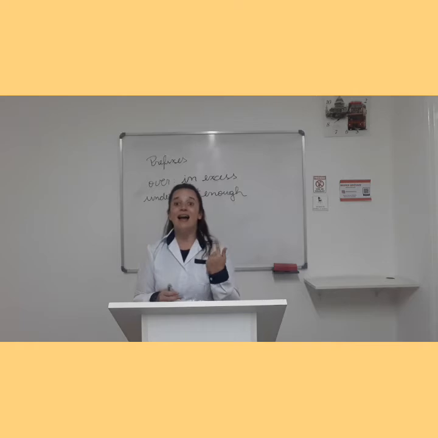To undersleep is when you don't sleep enough. Okay? You get tired in the morning. Okay? You don't have enough energy. So, this is to undersleep. To unite means to put together. Okay? To reunite is to put something together again.